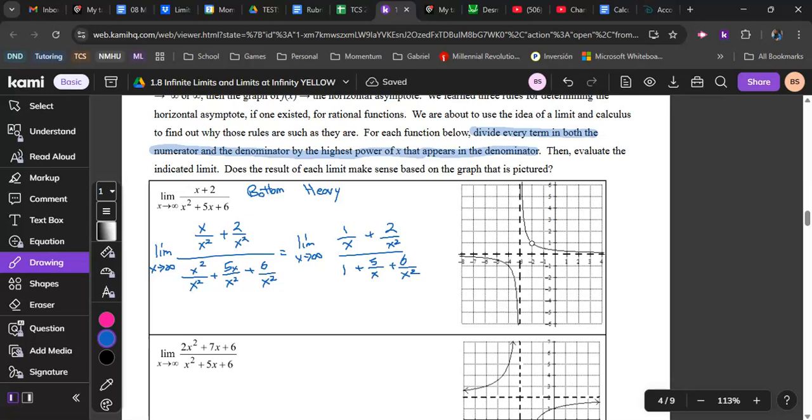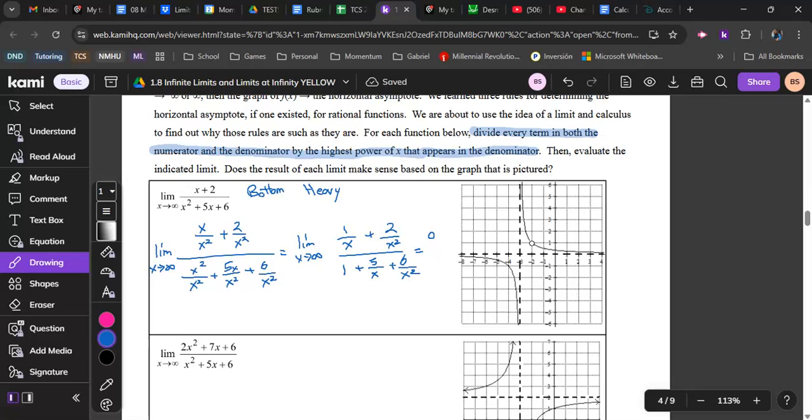Okay. What do I do with a limit once I simplify it in whatever way I'm simplifying it? What was the next thing I tried? Plug it in. Exactly. So if I do that, what is 1 over infinity? 0. 1 divided by an infinitely large number gets closer and closer to 0 until it just is 0.